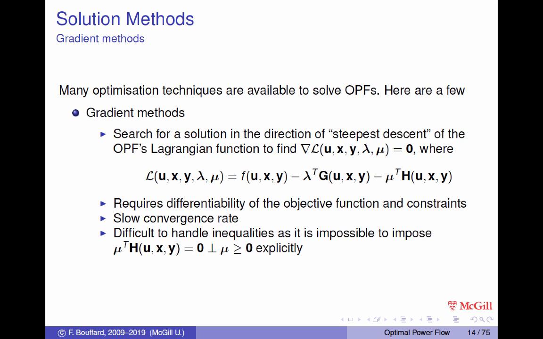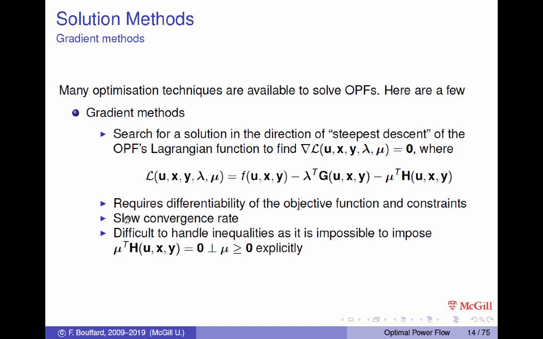One of the key problems with that is that it requires that the objective function and all the constraints be differentiable. This is not always the case in practice. And these can be relatively slow in terms of convergence, and it might be a bit harder to handle inequalities because of complementarity conditions here.